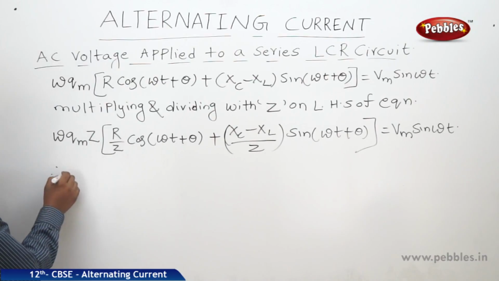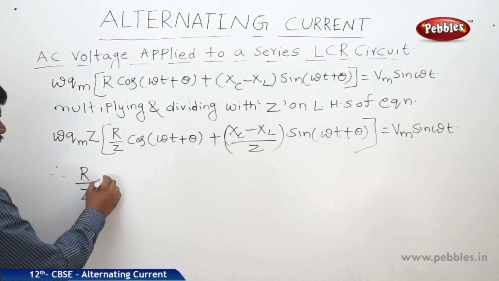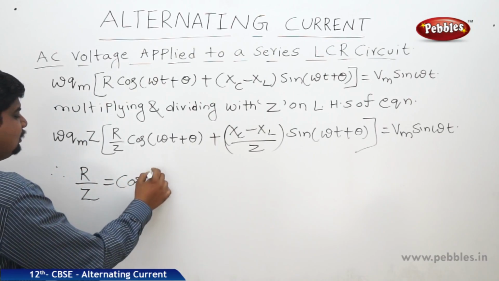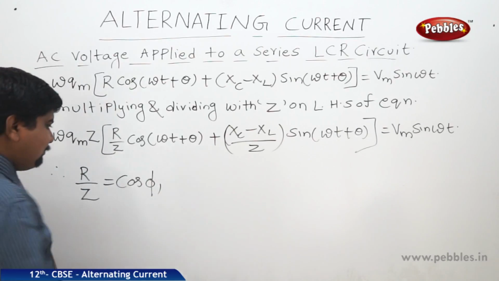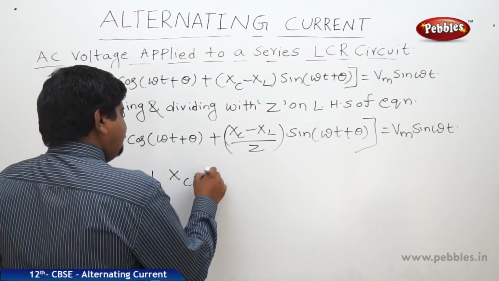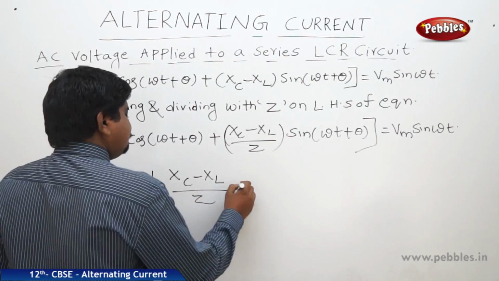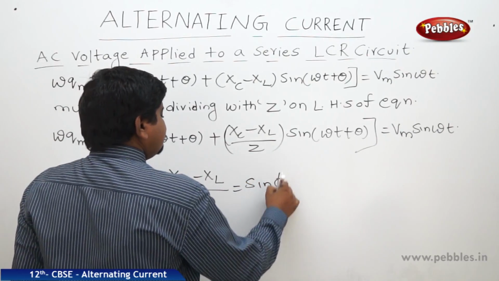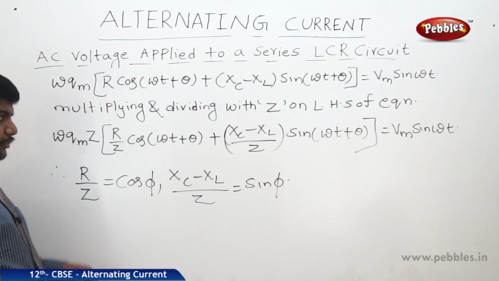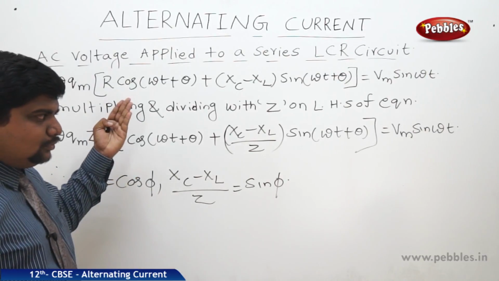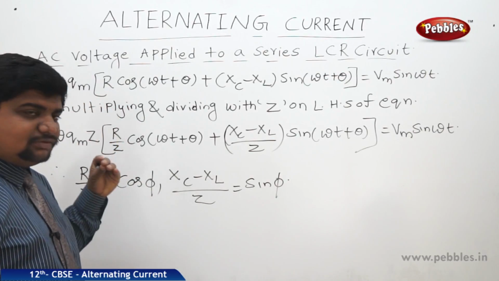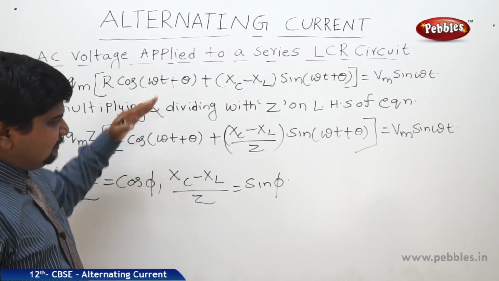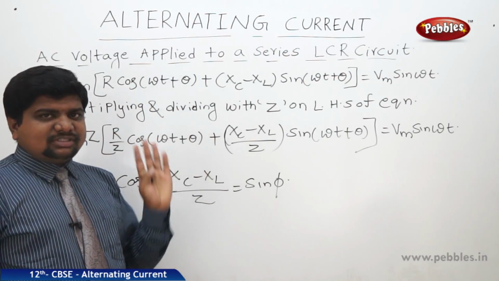Now let us write R by Z is equal to cos phi and (Xc minus XL) by Z is equal to sin phi. What is the reason? Our first work is to simplify the equation as simple as possible.